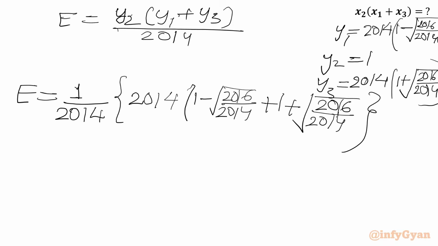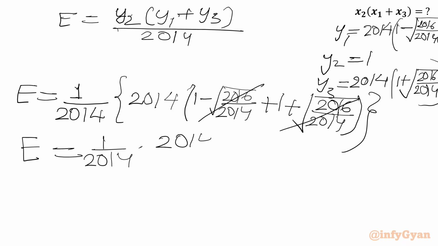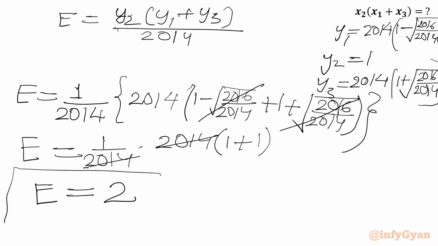Now we are going to cancel plus and minus square root 2016 over 2014. Now we will write expression E equal to 1 over 2014 times 2014, in the bracket, 1 plus 1. Now we can cancel 2014 from the numerator and denominator. Our answer will be 2. So our final answer is expression value x2 times x1 plus x3 equal to 2.